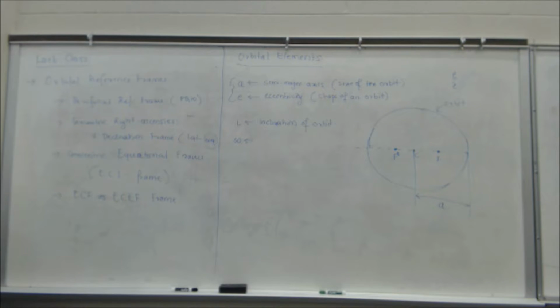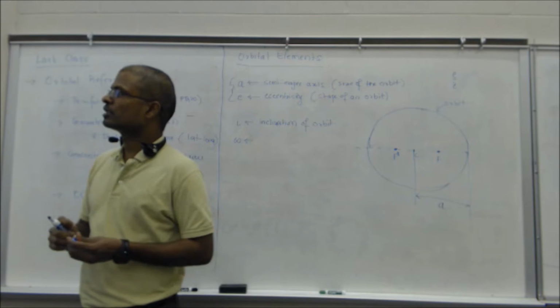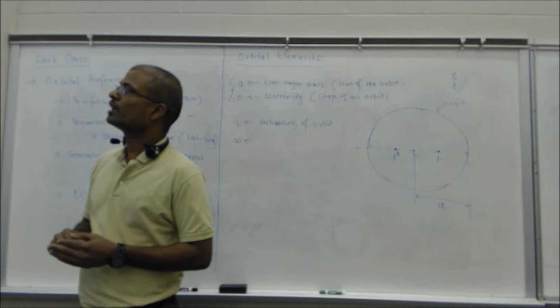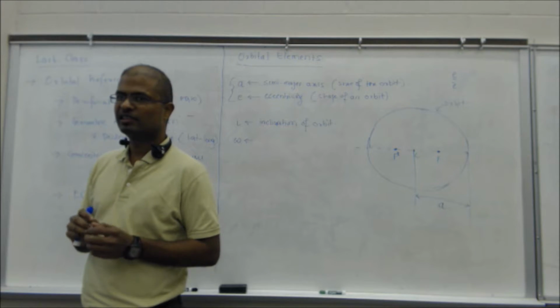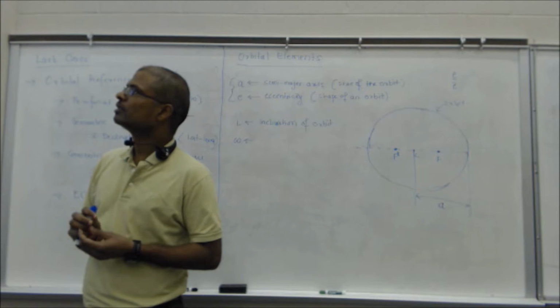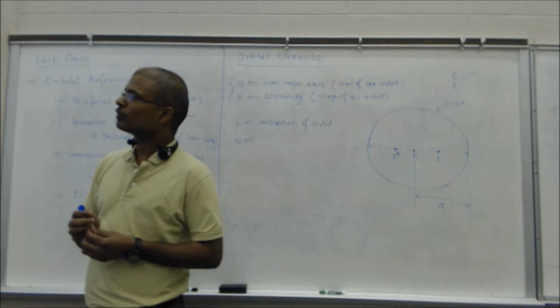Do you see the line of nodes? Does it mean anything? Does it signify anything? Why is it there and not anywhere else? Why is the line of nodes there?